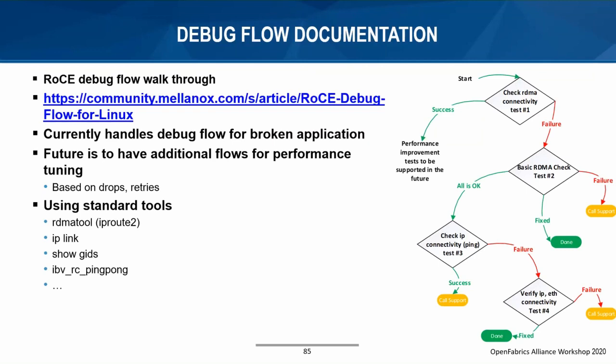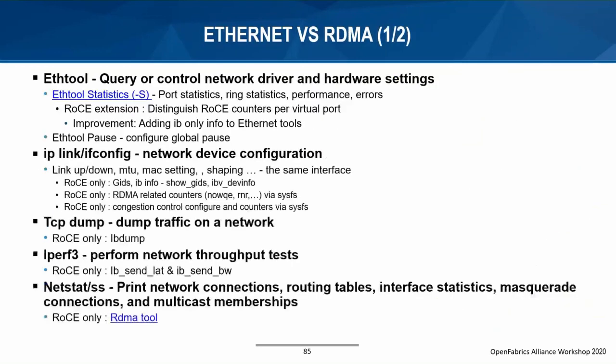Okay, if you can move to the next slide, please. In the next two slides, I'm going through some comparison between Ethernet and RDMA. So a lot of our customers are coming from the Ethernet market, and they would like to have replaceable tools, so they can say, okay, I used to do that in Ethernet.